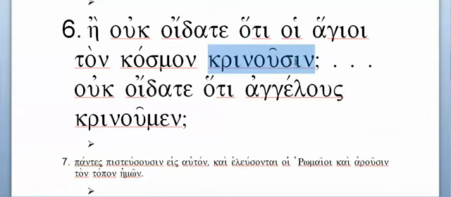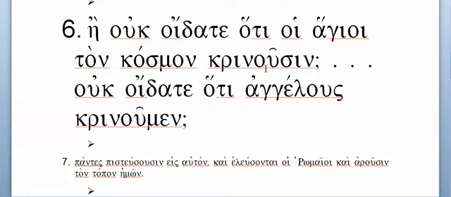Hopefully you see that ousin with the movable nu, and you recognize that that's third plural, and that's going to go with hoi hagioi. So the saints judge, right, is what you might think. But as soon as you see that circumflex, you say, well, wait a minute. If I see a circumflex, then usually that tells me I'm either dealing with a contract verb in the present or a liquid verb in the future. Those are two main options.